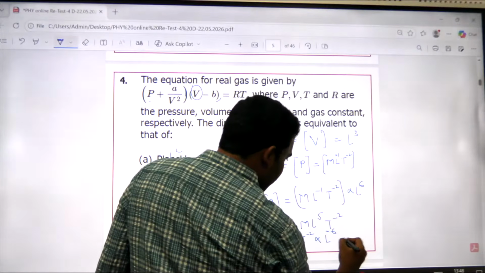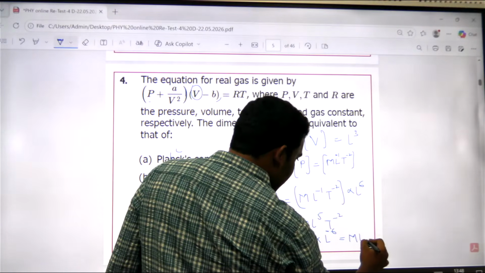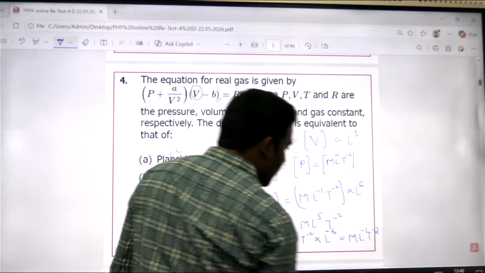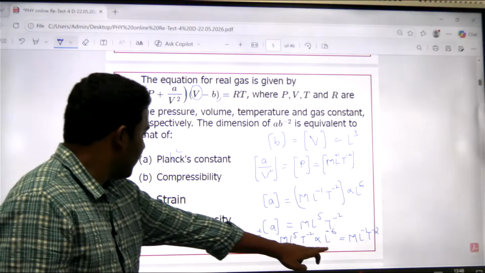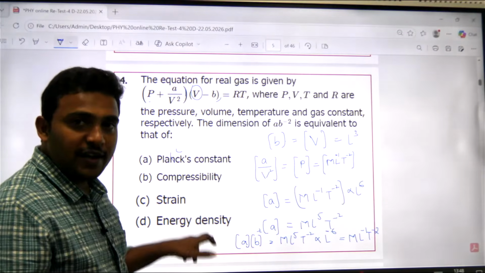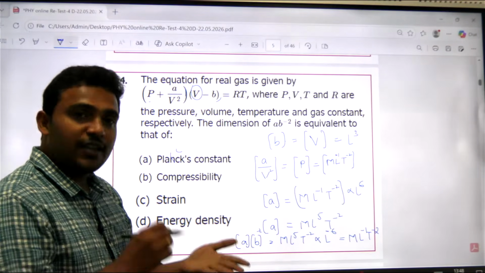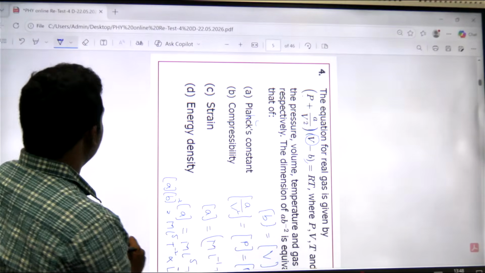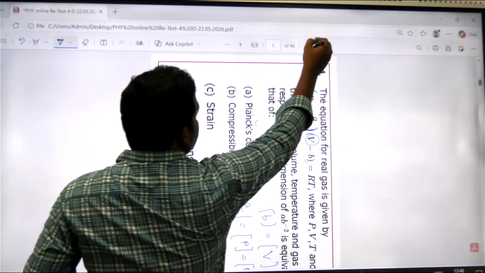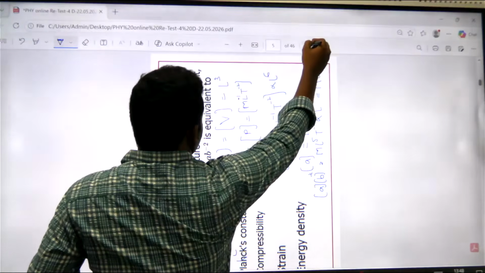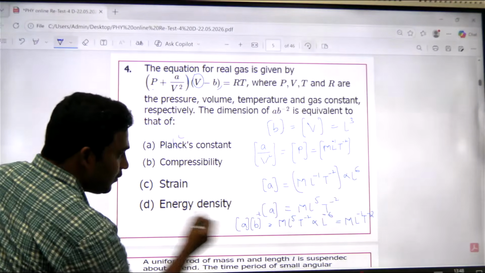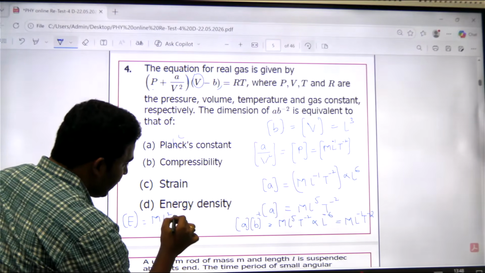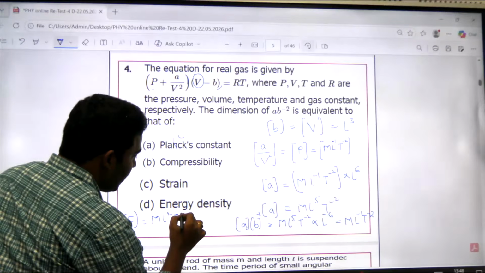So we can write it as M L^-1 T^-2. And this unit would be equal to energy density. Why energy density? What is energy? Energy is M L square T^-2.